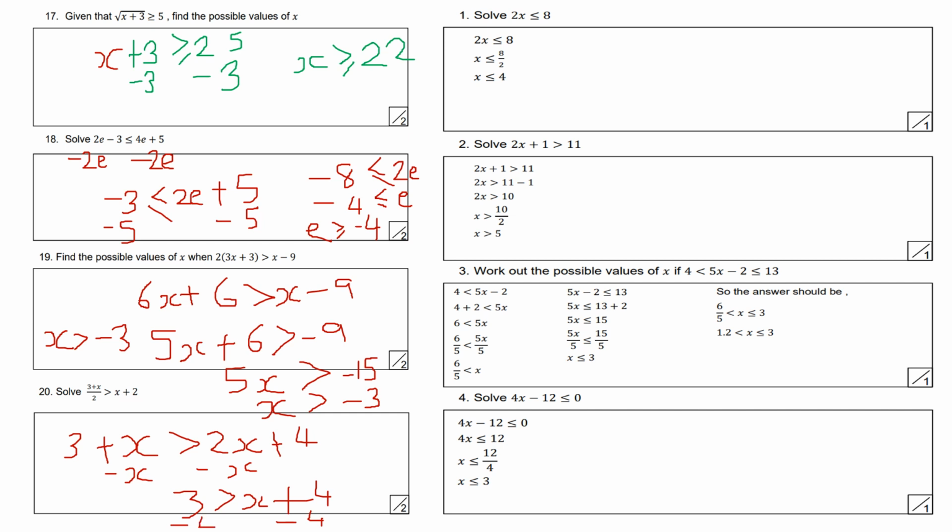Subtract the 4 on both sides. 3 minus 4 is going to be negative 1. So negative 1 is greater than x, or conversely, x is less than negative 1. And that's my solution to that inequality there, guys. And there are the solutions for the first 4 questions of that page.